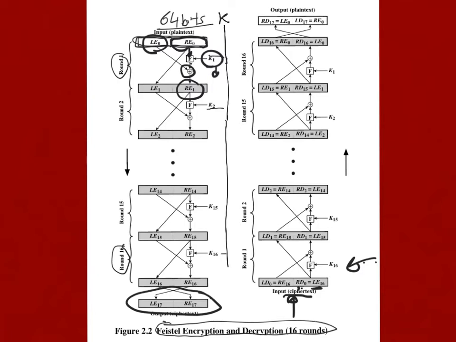Can we get back from subkeys to the key? You can, because the subkey generation algorithm is public. So if you know all the K1 all the way to K16, I guess it's a one-to-one operation, so you can sort of get the key. It's actually a good question.